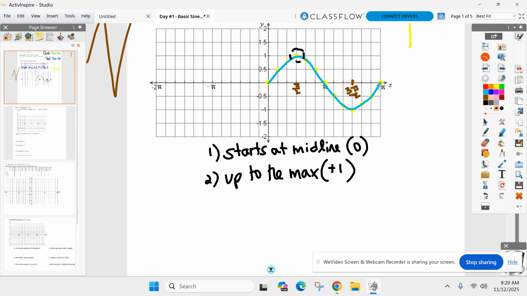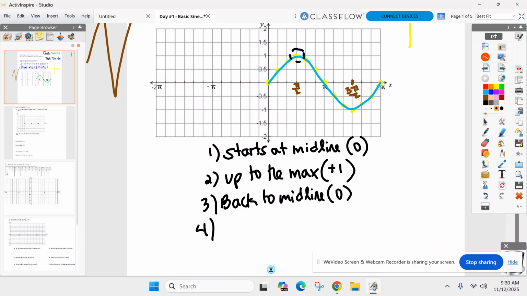Where'd it go back down to? After the max, where'd it go? Look at the graph, where did it go? I know people are going to probably say minimum, but before it went to the minimum, where did it go back to? It went back to the midline, 0. So back to the midline. Then where?